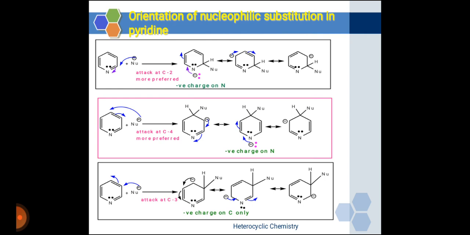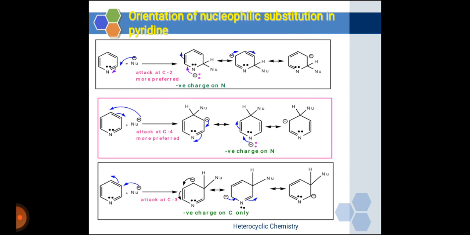So first, the attack at C2 is more preferred, and the attack at C4 is also more preferred. In the first structure, the negative charge is formed on the nitrogen atom, in the first resonating structure. In the second reaction, the negative charge also occurs on nitrogen in the second resonating form.